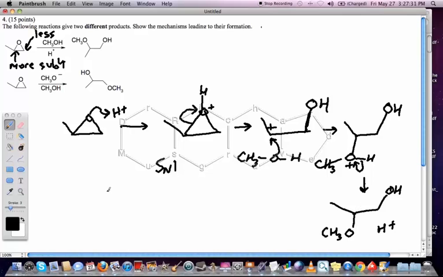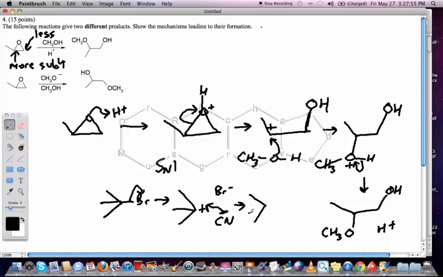Just reminding you about what the Sn1 mechanism looks like. In the Sn1 mechanism, when we start off with a substituted carbon, we end up with a positive charge, and then some kind of nucleophile comes in and attacks that positive charge, and we get our product.